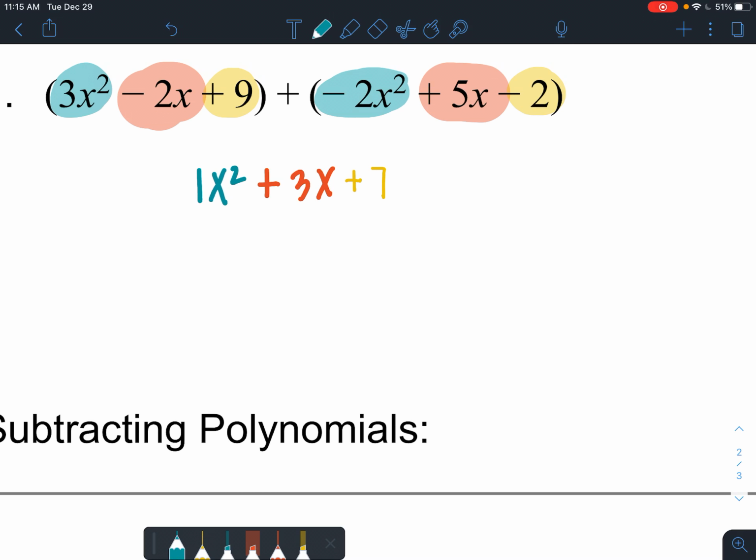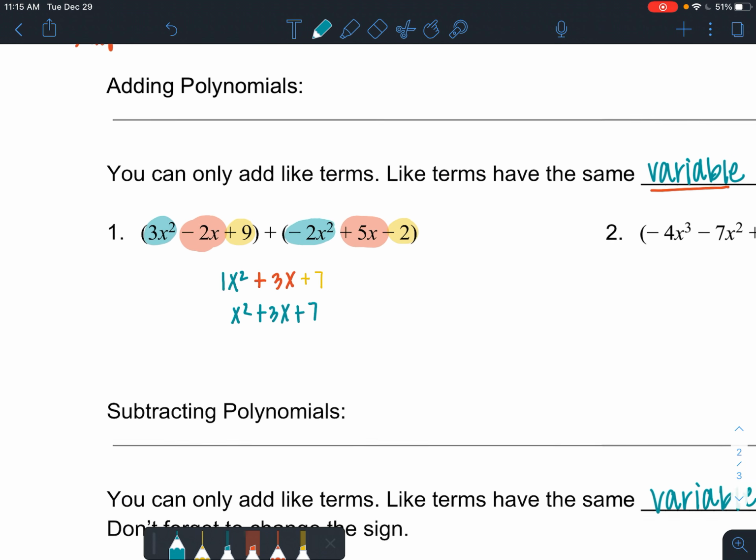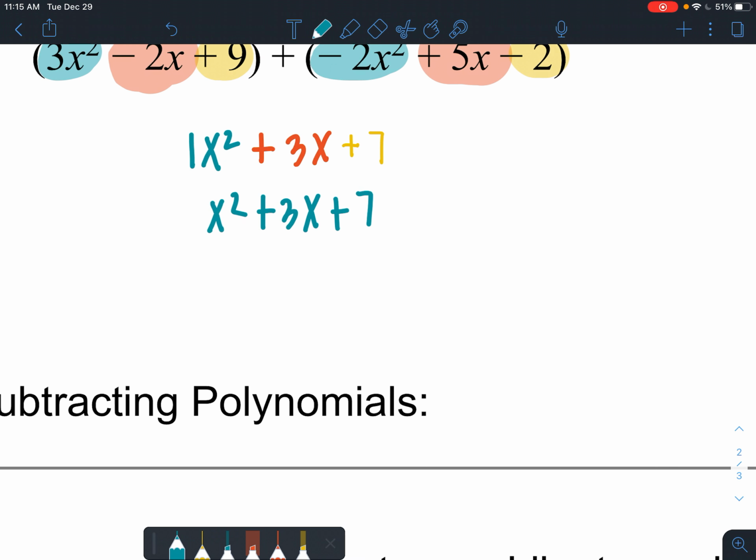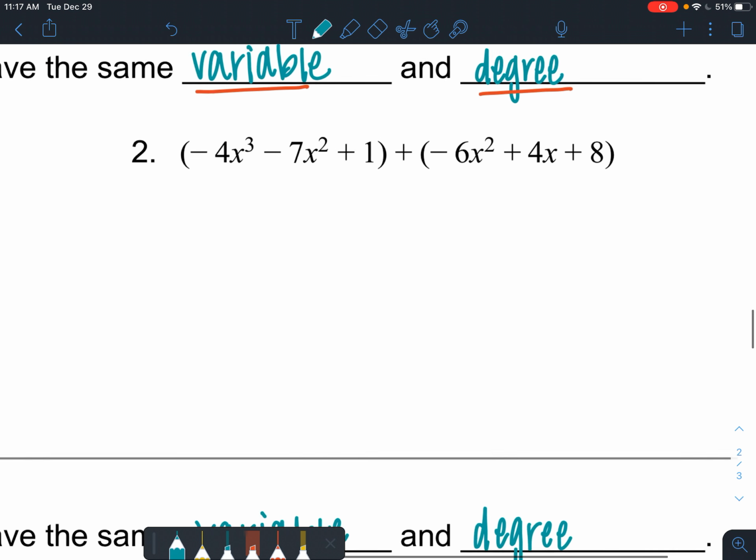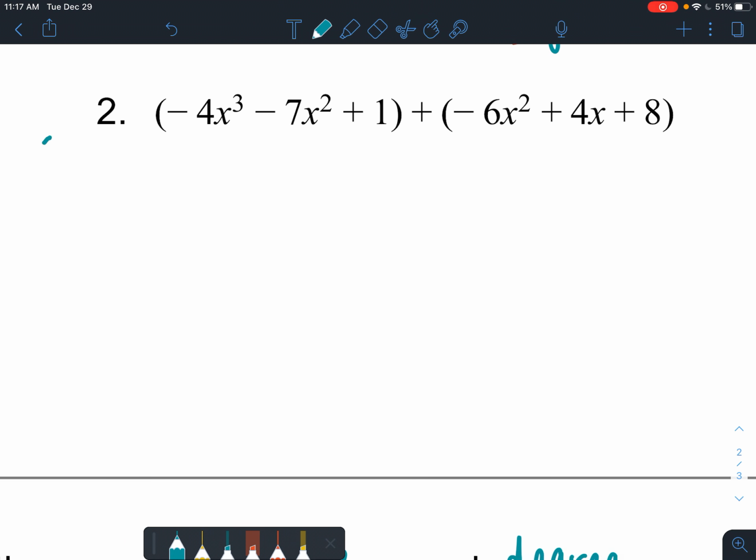So my final answer is x squared plus 3x plus 7. Okay, so all we had to do was simplify that. Okay, go ahead and do this next one on your own.